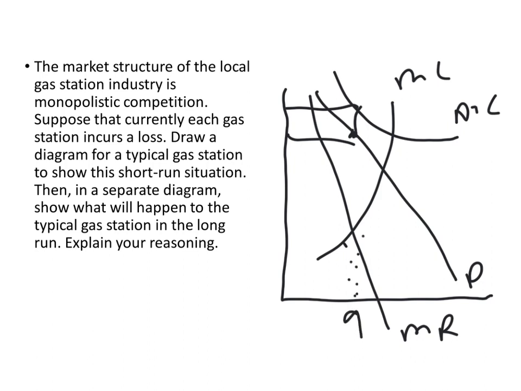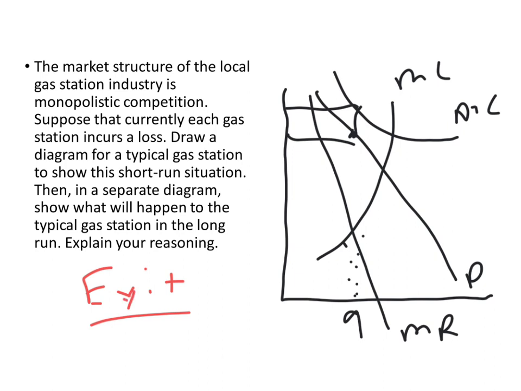Sorry, there's my Q. In a separate diagram, show what will happen to the typical gas station in the long run. This is the part that makes monopolistic competition, and I'm going to graph it right on here, even though that's going to be messy. Because there are losses, some of the firms in this market will exit, just as they did in perfect competition.